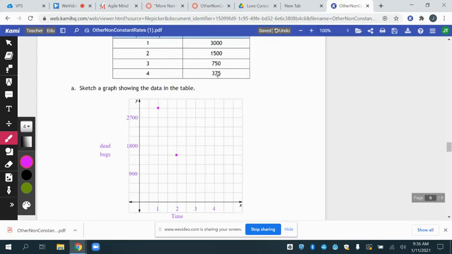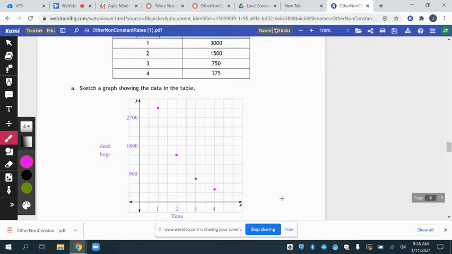Okay, for number 3, it's 750. This is 600, that's 900. 750 is exactly halfway between 600 and 900. If I remember correctly, yes, I can do math. That's about here. And 375 is just a little bit more than 300. Around there. Okay, there's my graph. It's going down. It's curving this way.